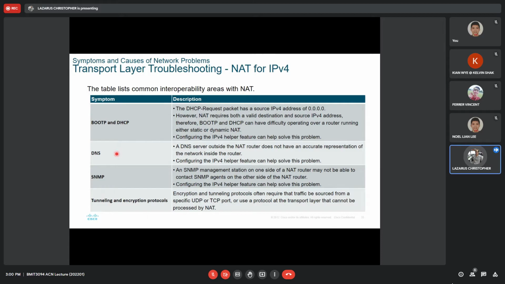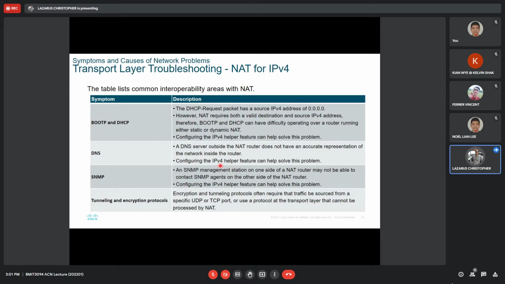Next one is DNS. A DNS server resolves IP addresses, but NAT hides the content of your network, because NAT maps the private IP address to the global IP address. So the DNS server does not really have any idea about the addresses inside. So you have to enable the IP version 4 helper feature.